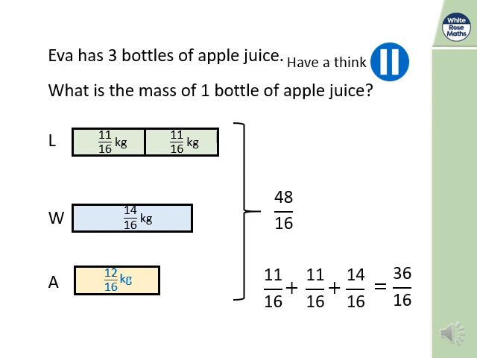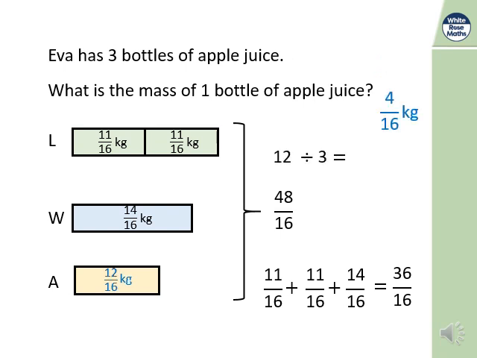And the answer is 12/16 is 3 bottles, so 1 bottle would be 12 divided by 3, which is 4/16. What would 4/16 be simplified? It would be 1/4. Well done if you managed to do that one.